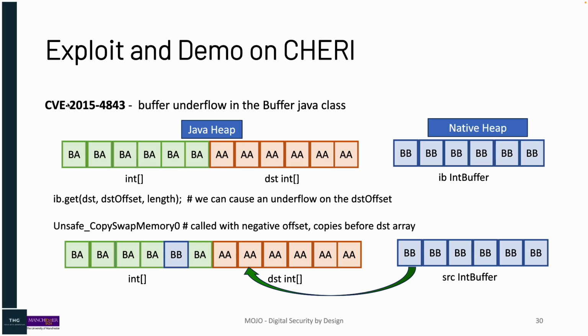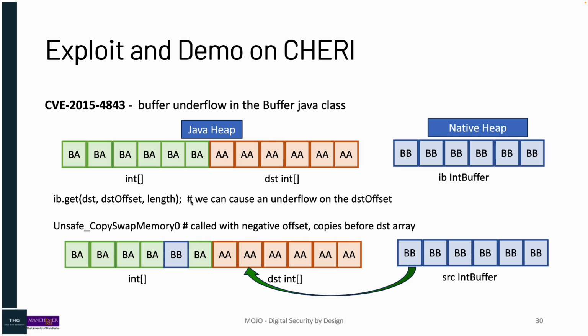So yeah, how does this underflow actually happen? The security bug is actually in this ib.get function, where we're copying these Bs into the destination, this dest array being this orange array here. Then we have this dest offset, which is an offset into the array, and the length, which is how much you want to copy from this int buffer array.